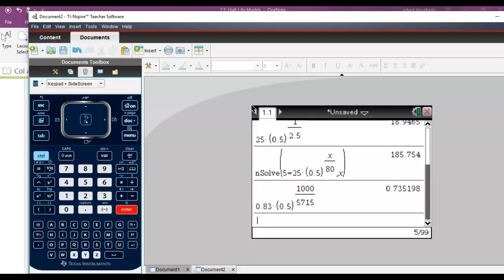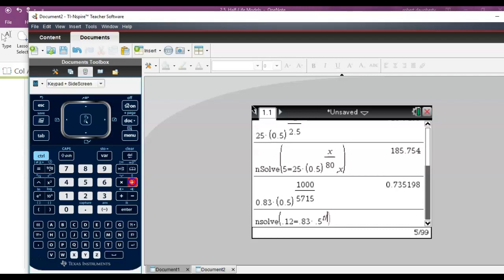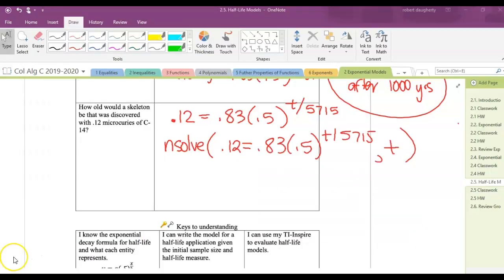So nsolve, N S O L V E, and 0.12 equal 0.83 times 0.5 raised to the t divided by 5715, and then comma t, okay, and no solution found. Let me check this real quick.